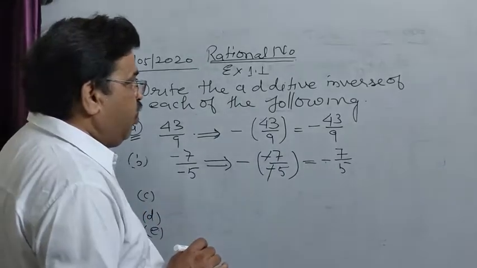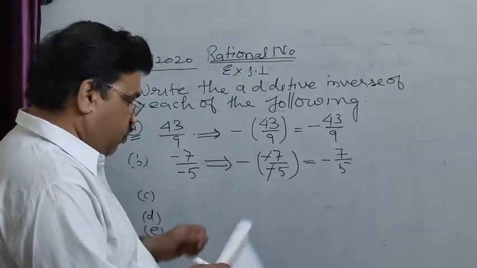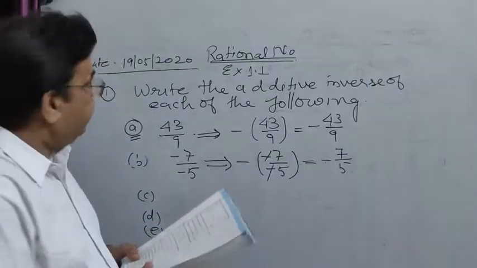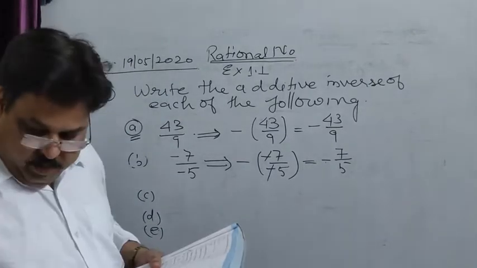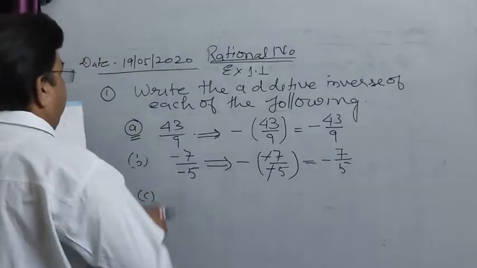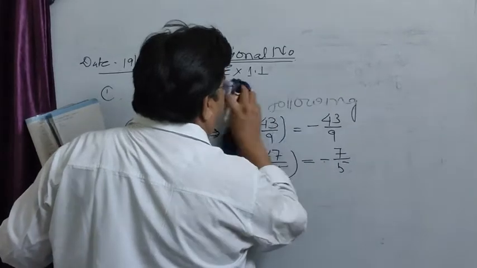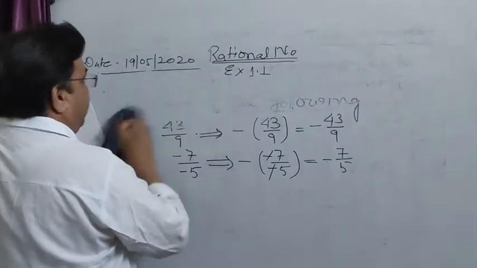Now I am going to solve the second question. Where is my duster? Okay, this is my duster. There is no duster, but it is a cloth, just like a bed cloth.